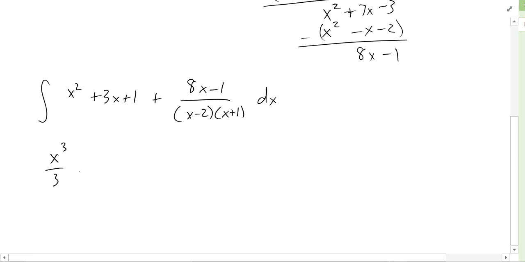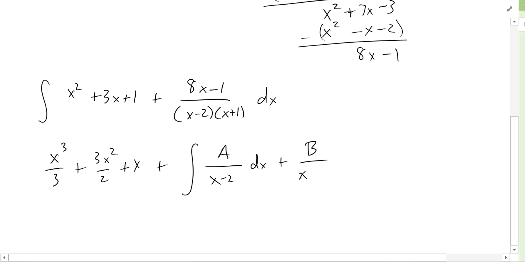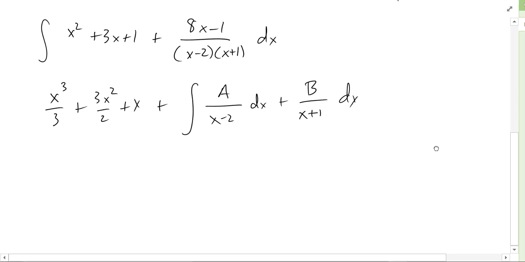x cubed over 3 plus 3x squared over 2 plus x plus, I still have to do the antiderivative of this last piece. It's going to be a over x minus 2 plus b over x plus 1. I'm going to split it up like that.